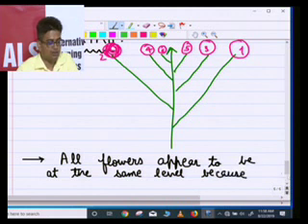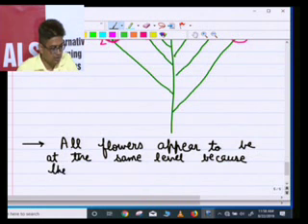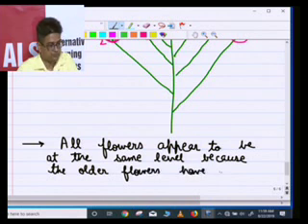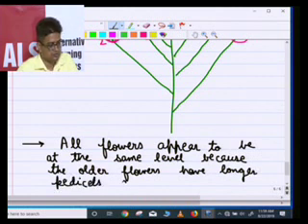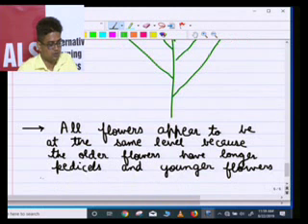because the older flowers have longer pedicels, and younger flowers have short or shorter pedicels.